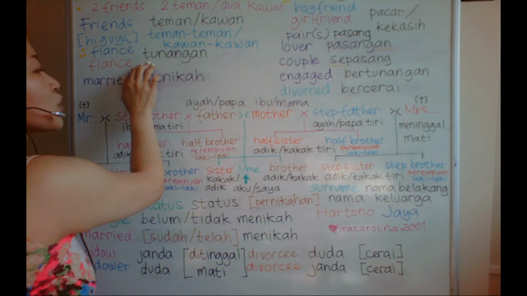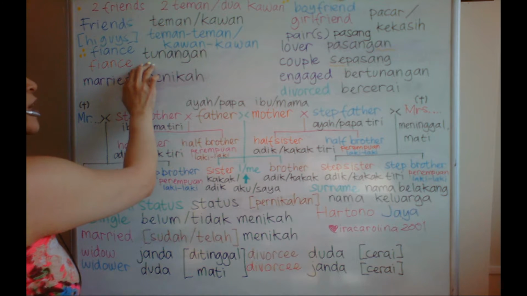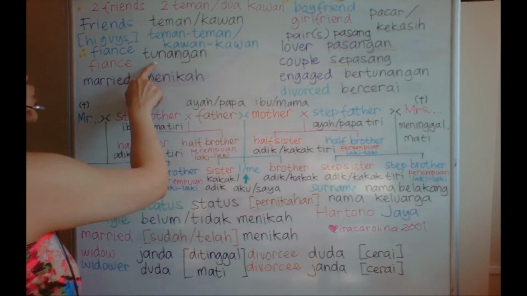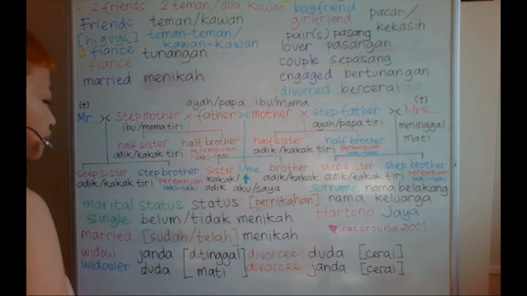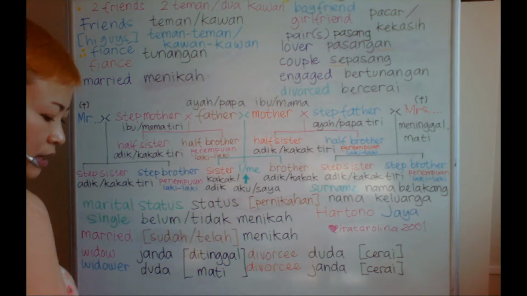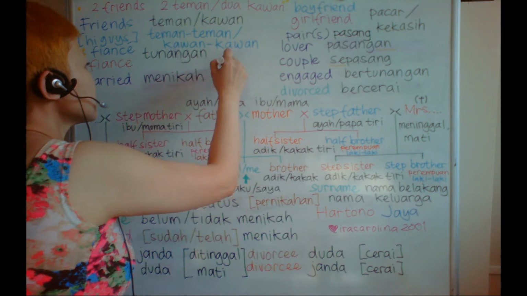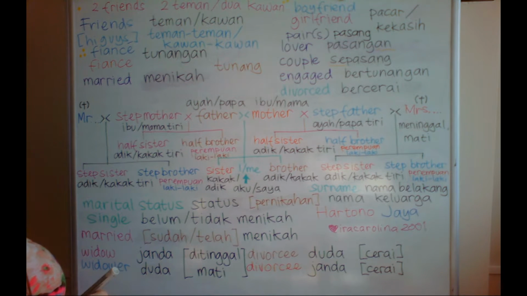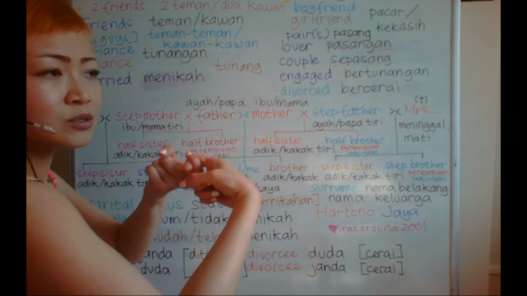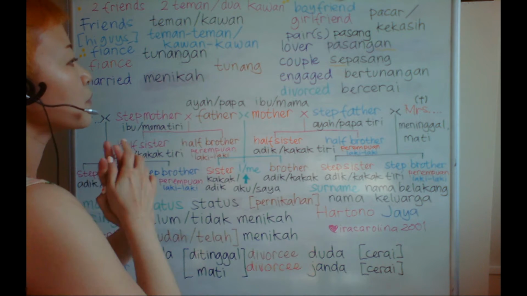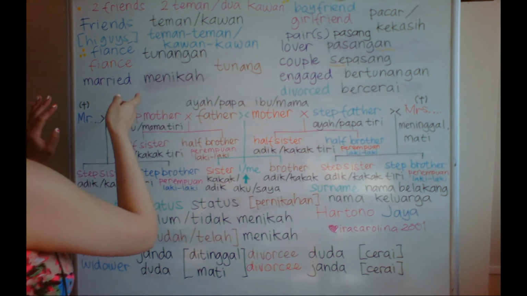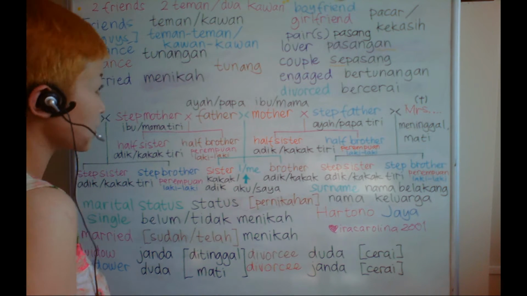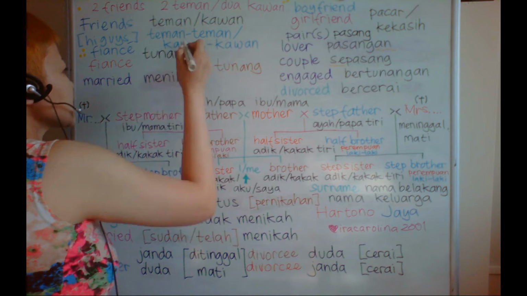We just use tunangan for female and for male, fiancé or fiancée. Tunangan. The original word or the basic word is tunang. It means engage, together, like this. But to make it become fiancé or fiancée, you put, again, suffix an.